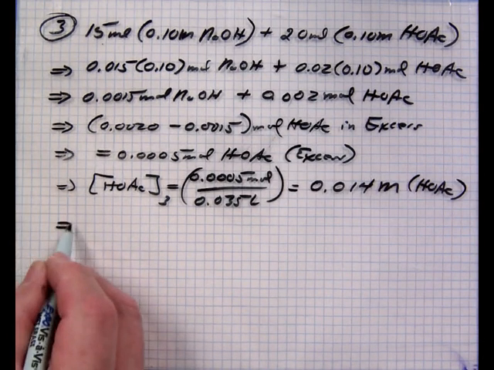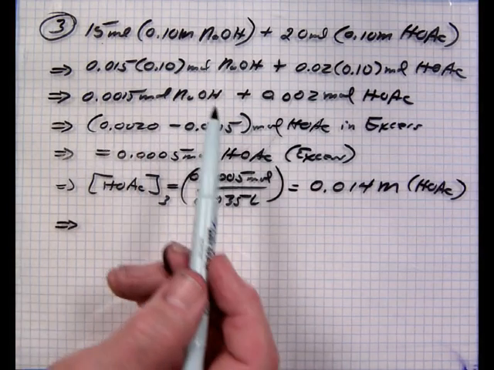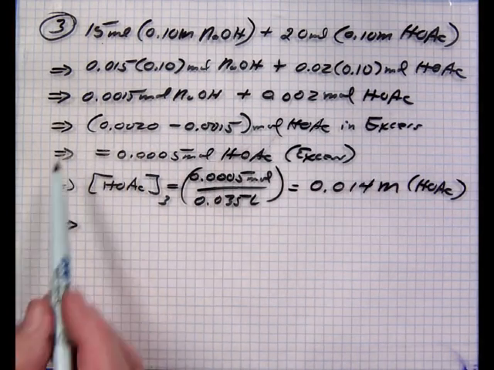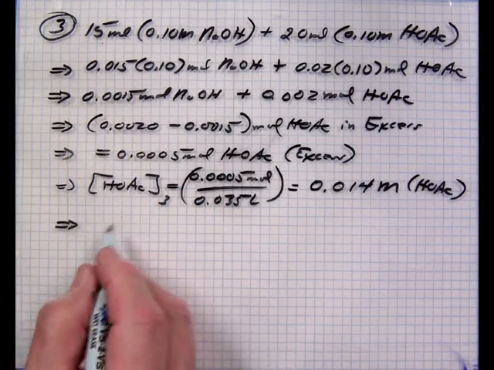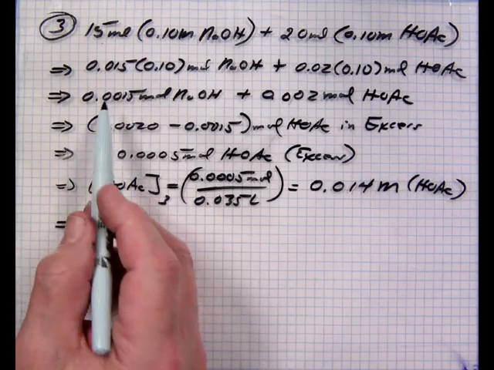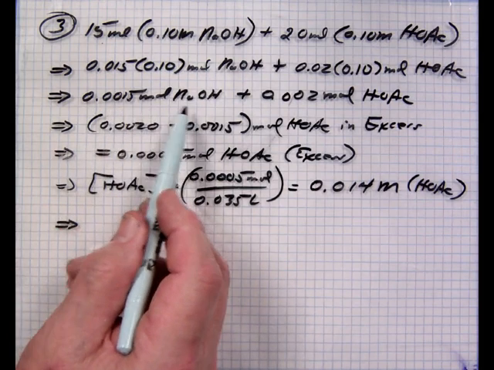Now, of course, the amount of salt, the acetate, in the equilibrium equation, we added 0.0015 mole of sodium hydroxide.